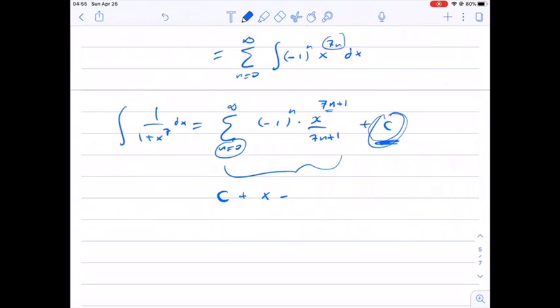And the second one, when we plug n equals 1, we get negative, because negative 1 to the power 1 is negative, and then we get x to the power 8 over 8. And then substitute n equals 2, you get positive 1 here, and then x to the power 15 over 15, and so on. So this is convergent if the absolute value of x is less than 1. And 1 is the radius of convergence.